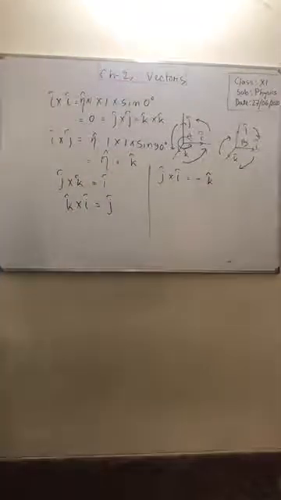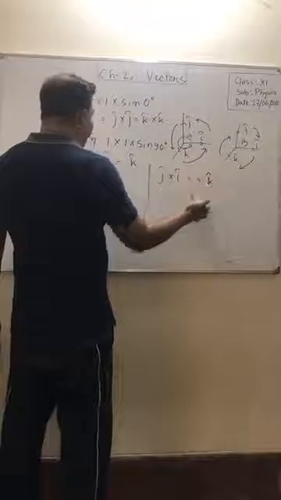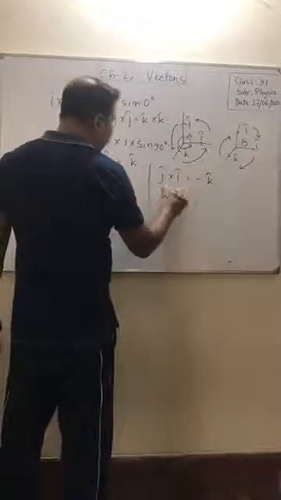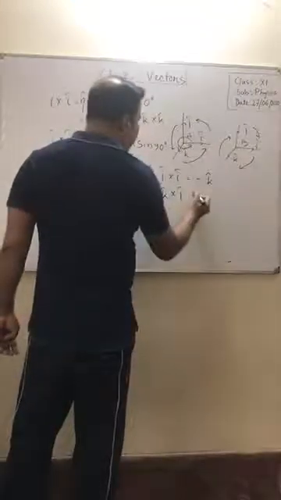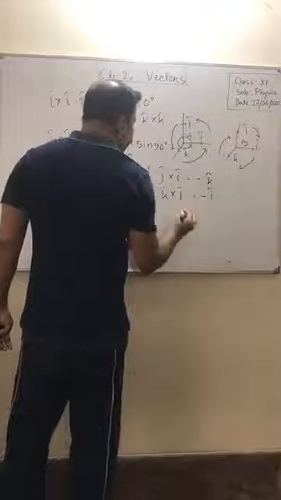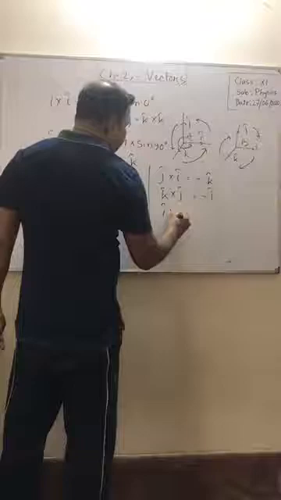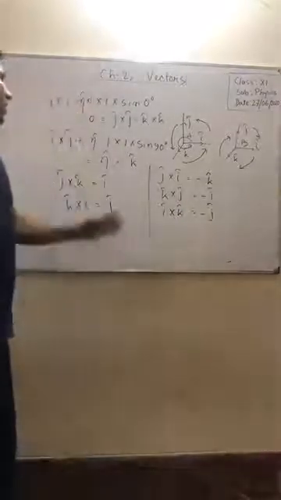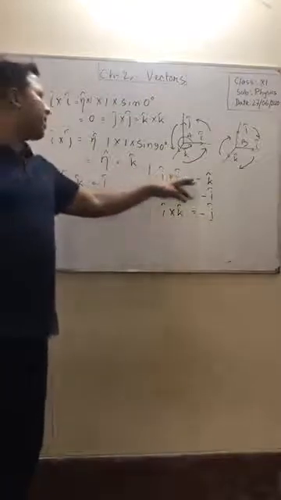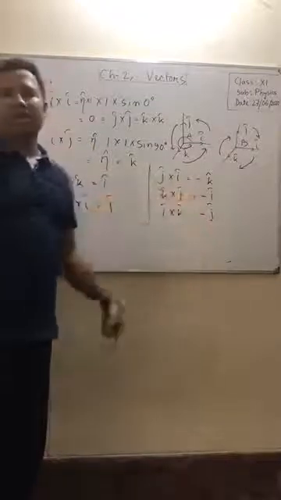Only the vector product shows the negative sign if its direction has changed, because it doesn't follow the commutative law. j cross i equals minus k, k cross j goes in the other direction, minus i, then i cross k equals minus j. This goes in a clockwise direction, so a minus sign comes in, because the positive always goes anti-clockwise. If it goes in clockwise direction, a minus sign comes in. Understand?